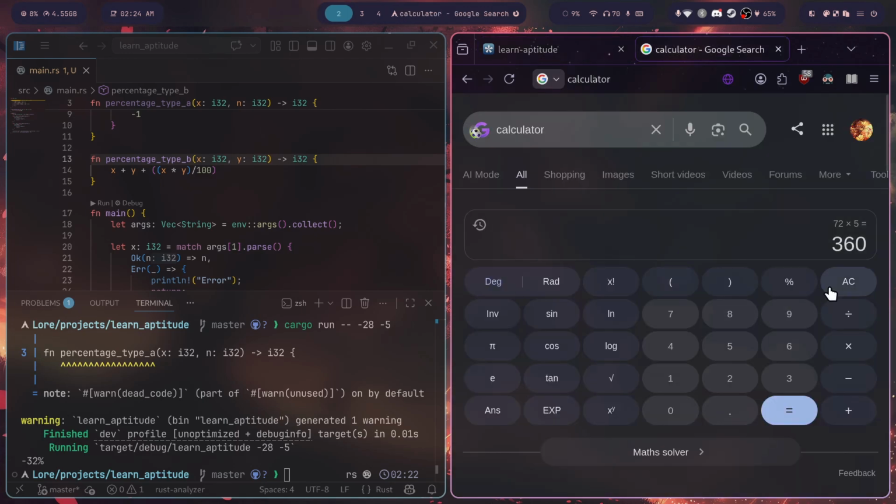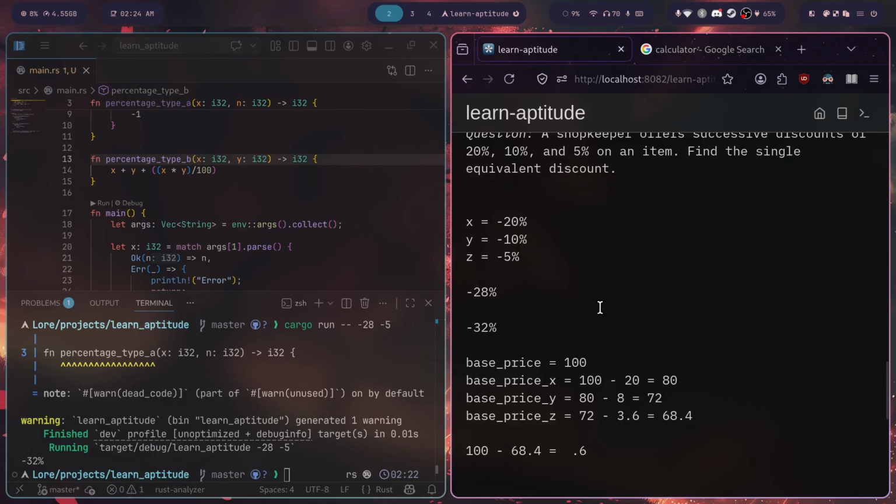I have a calculator, why am I doing this? 100 minus 68.4 is 31.6. I got 31.6, which is fair enough. There's no issue with this. My round off is 32%. Why? Because I'm using I32. If you want the specific value, you can get that also.